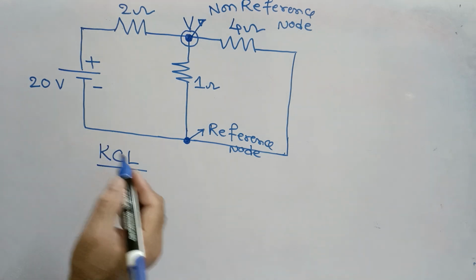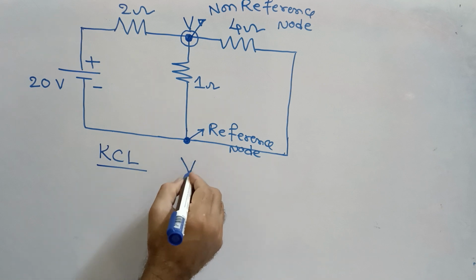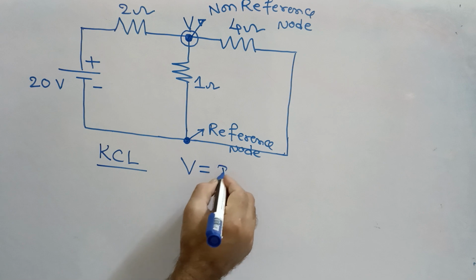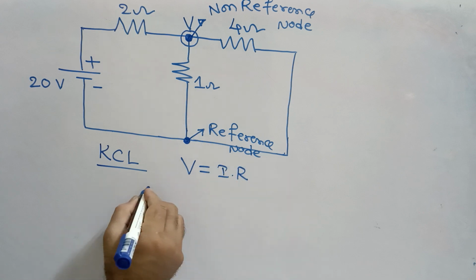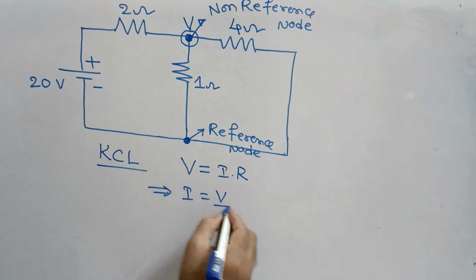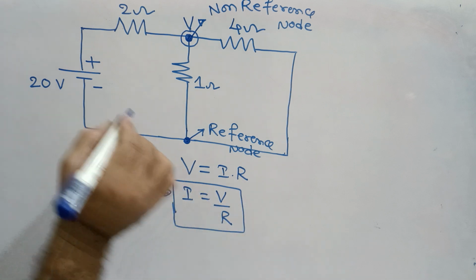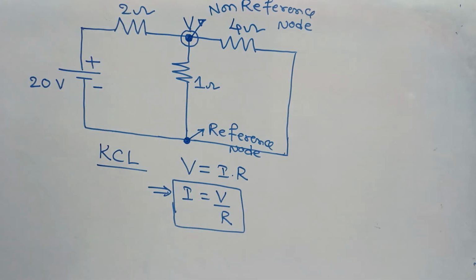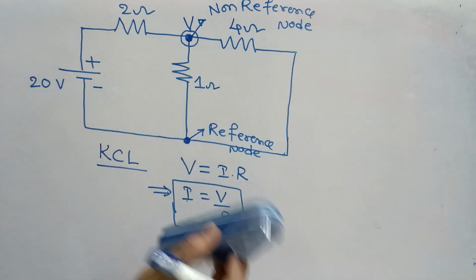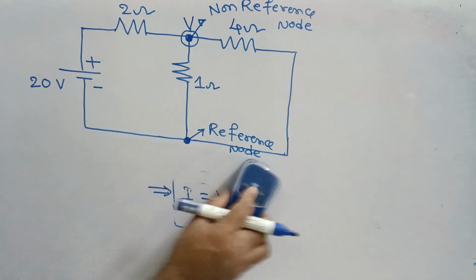We know Ohm's law: V is equal to I into R, and from this, I is equal to V by R. We have to use this formula while applying nodal analysis, so I is equal to V by R form we have to write.